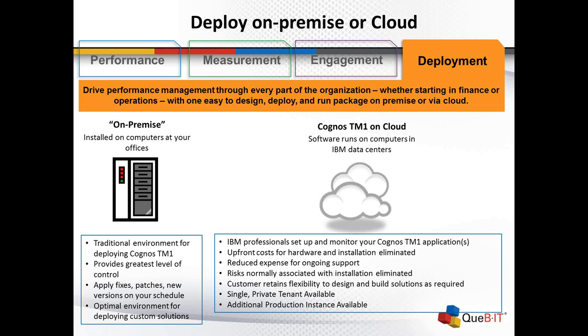The challenge with this, and I don't mean to say that this isn't a viable approach because it certainly depends on your circumstances, is that if you're going to run TM1 in the cloud, you have to solve the problem of how you get your data into the cloud to load it into the TM1 server. So TM1 is now available as a cloud option, which is important.